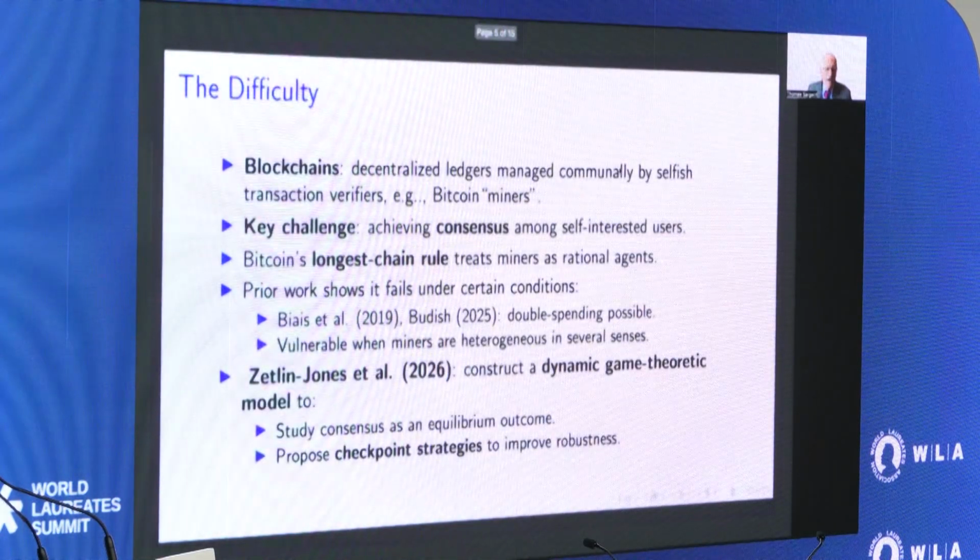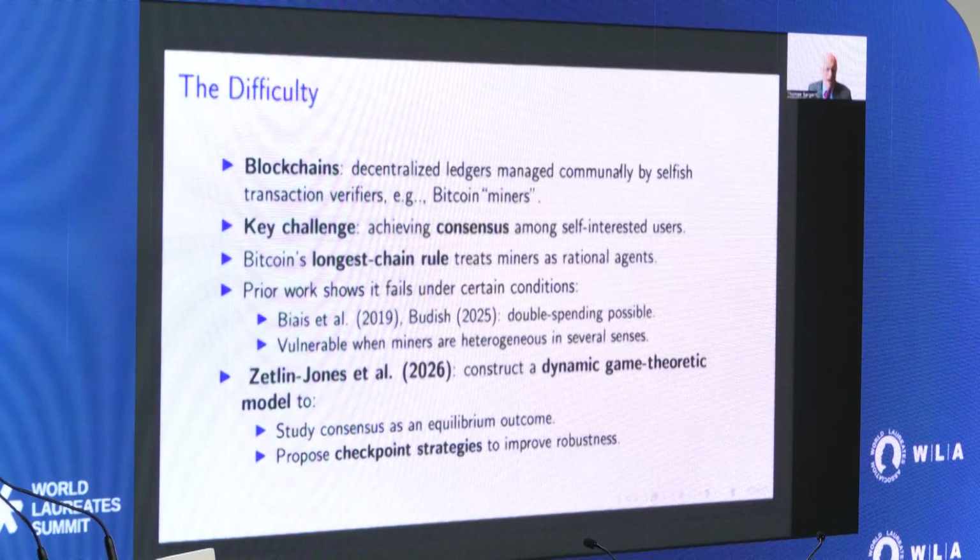Okay, so blockchains. What's the problem? It's a structural endemic problem. They're decentralized ledgers. They're managed communally by selfish transaction verifiers making the thing go. In Bitcoin, they're called miners.